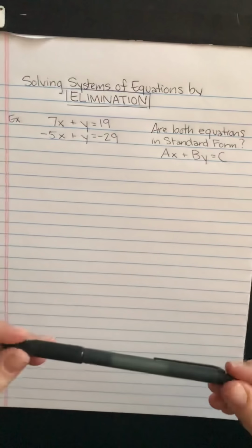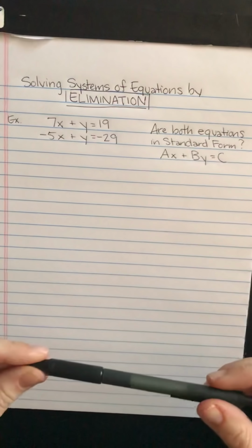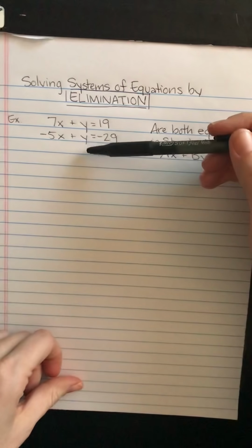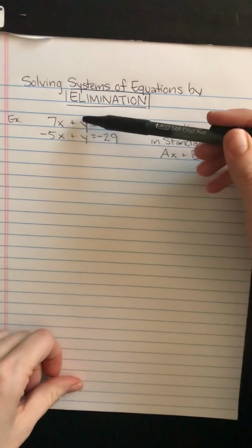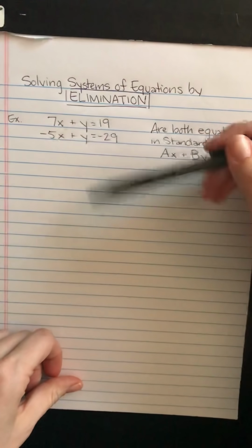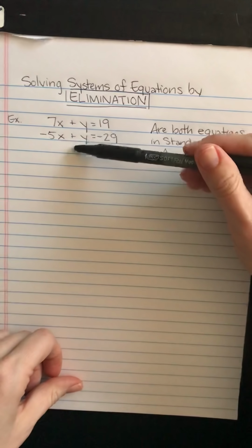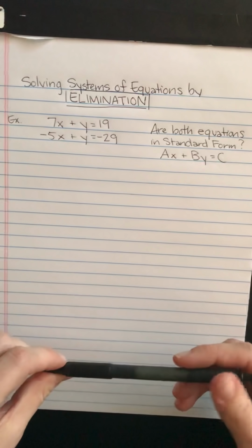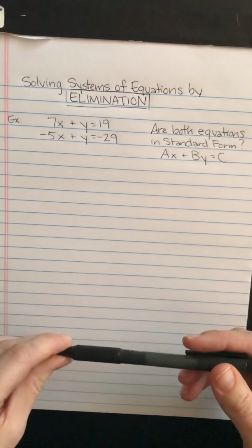Those are not the same and they are not opposite, so this is not ideal. However, when we look at our terms with the y, we see there's a coefficient of 1 here and another coefficient of 1 here. That's great because that means we have to do less math and less work.